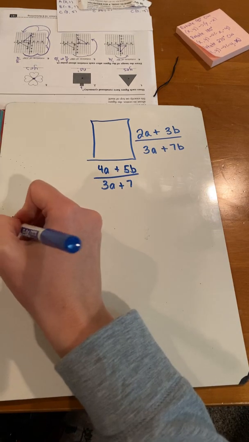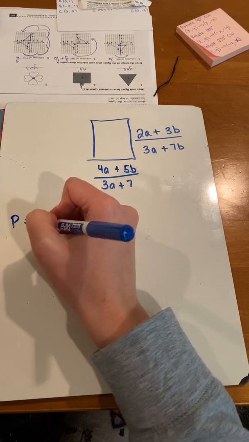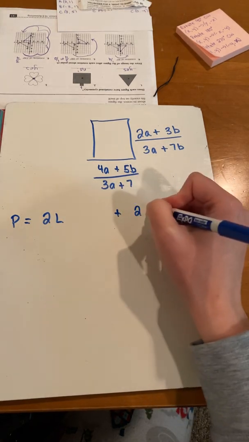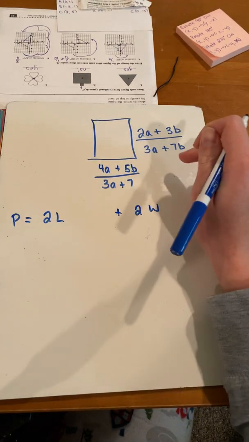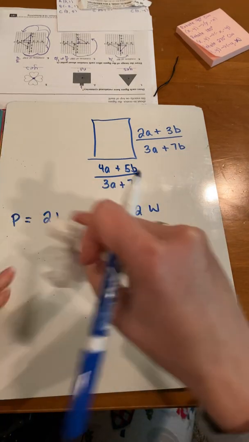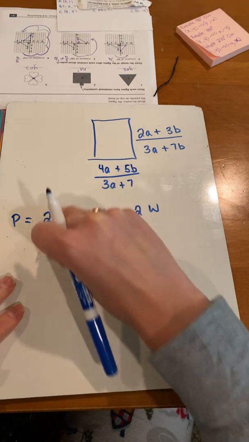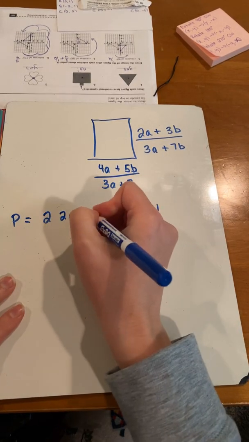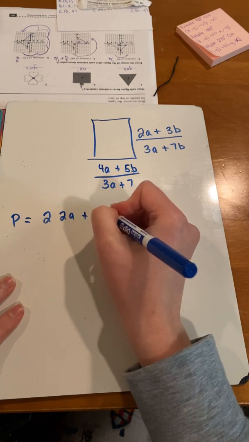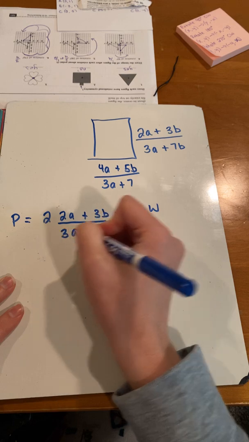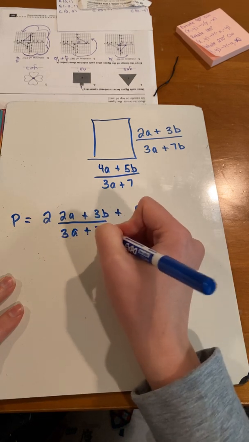So perimeter is equal to twice our length plus twice our width. So if our length is 2a plus 3b over 3a plus 7b, let's go ahead and fill that in right here: 2a plus 3b over 3a plus 7b.